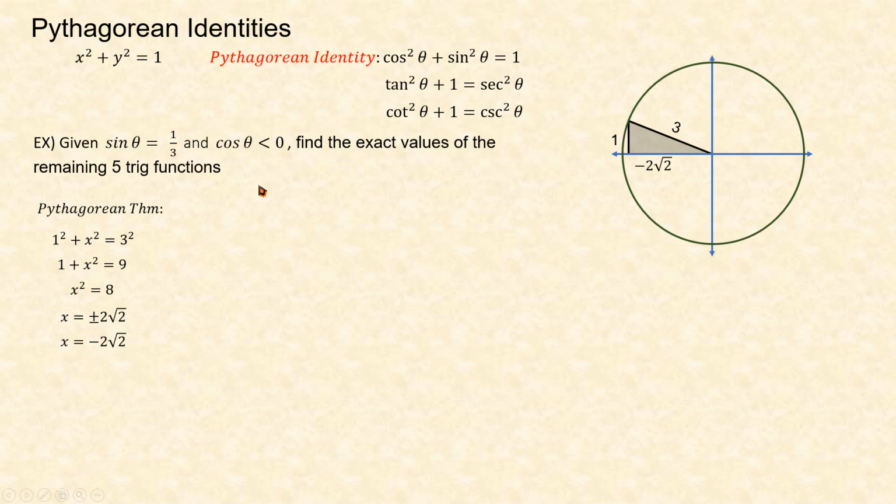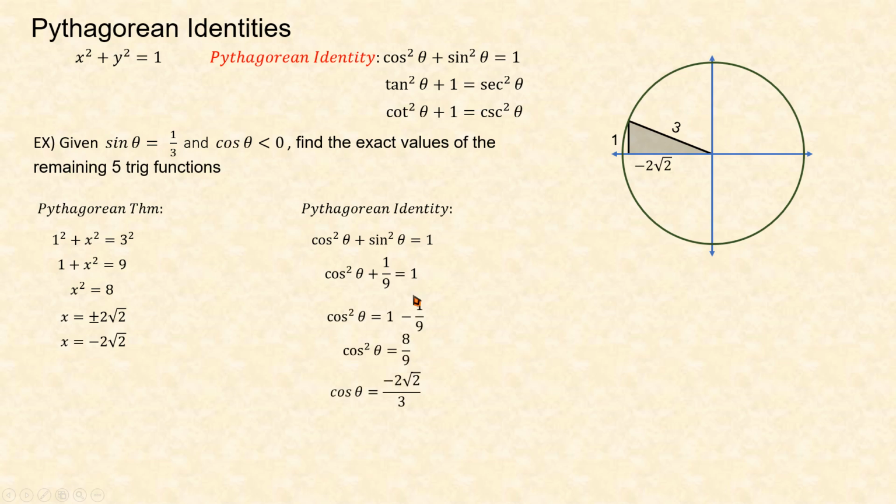Now to use the Pythagorean identity, I have cosine squared plus sine squared is equal to 1 squared. So I put that in there. I have cosine squared plus sine squared, which is 1/9, equals 1. Subtract both sides, and I get cosine squared is equal to 8 over 9. Then I square root both sides. I get cosine to be negative 2 radical 2 over 3.